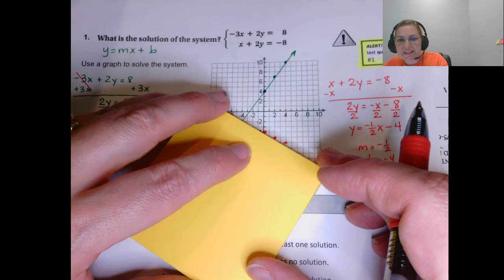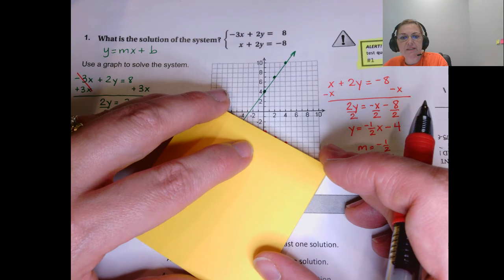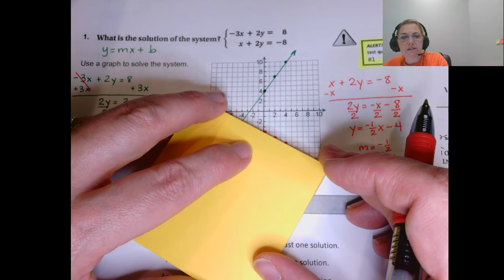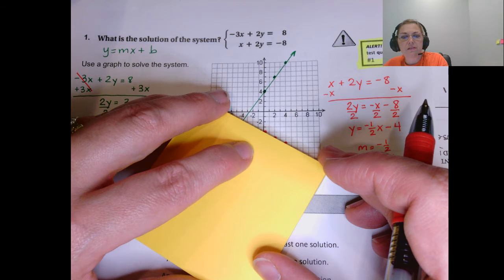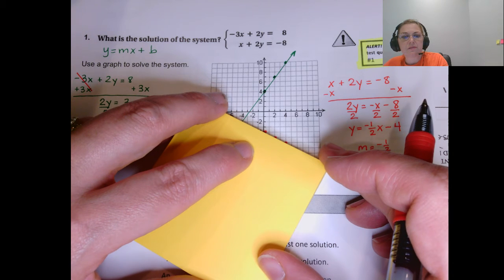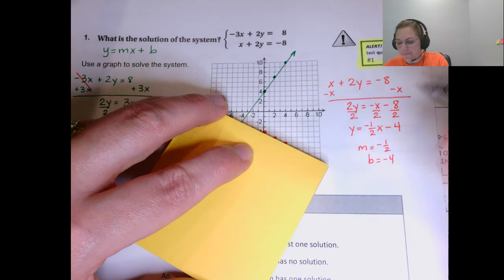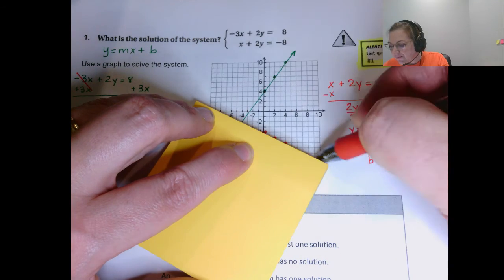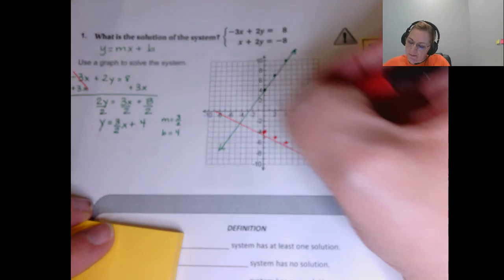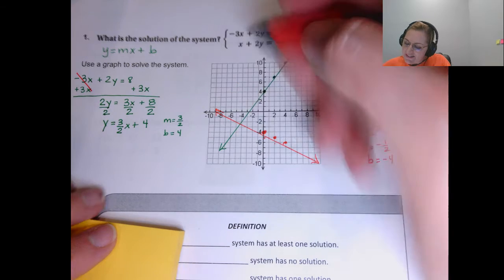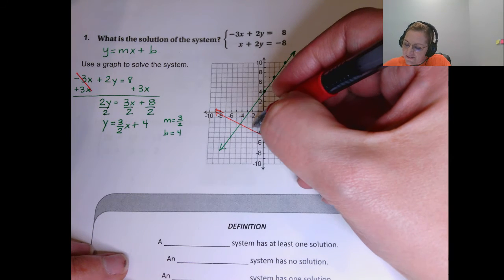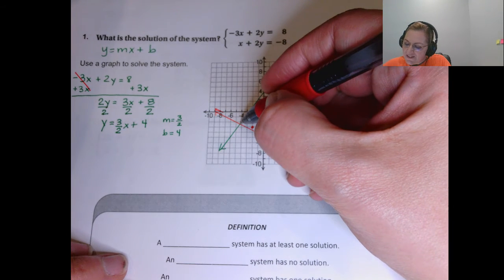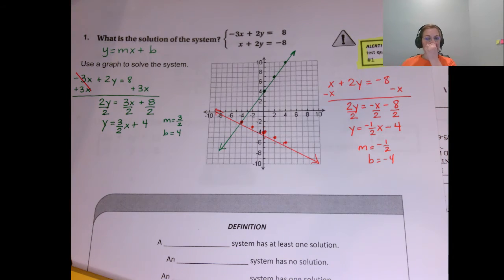I'm going to try to line it up really good here. There we go. And I didn't even draw a really good line, did I? So let's do up 1, left 2, up 1, left 2. There's where I would get a better line.